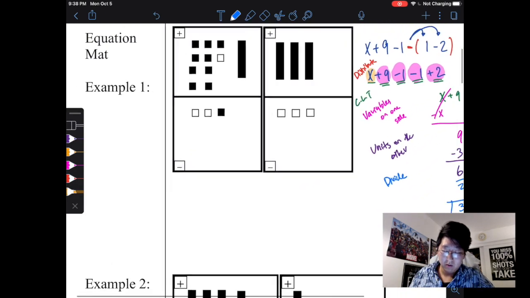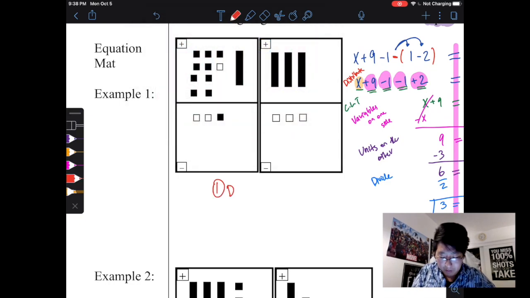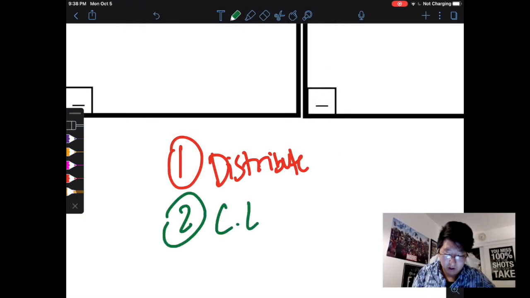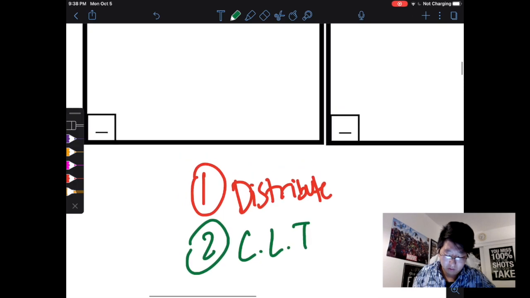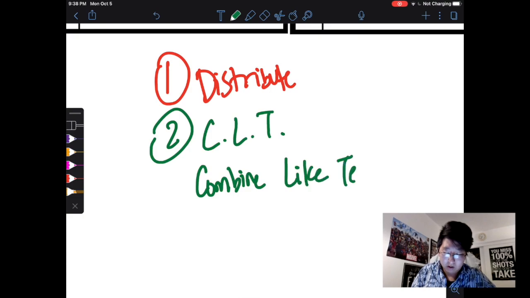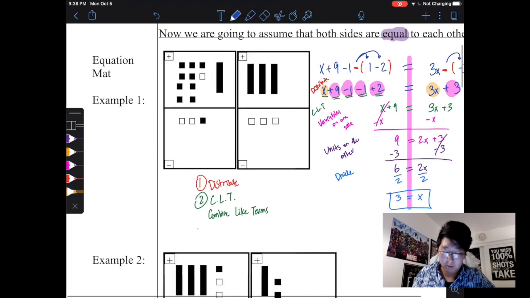So, just a recap. The first thing we did was distribute. The second thing we did was combine like terms. The third thing we did, oh, that wasn't in blue, that was in pink.